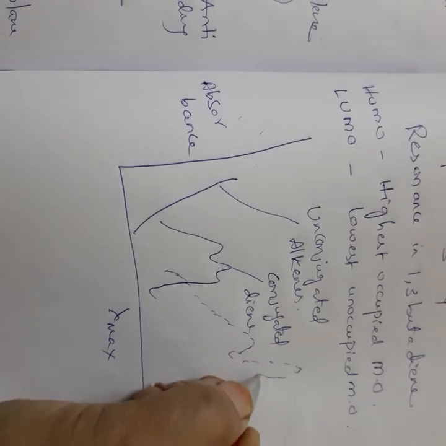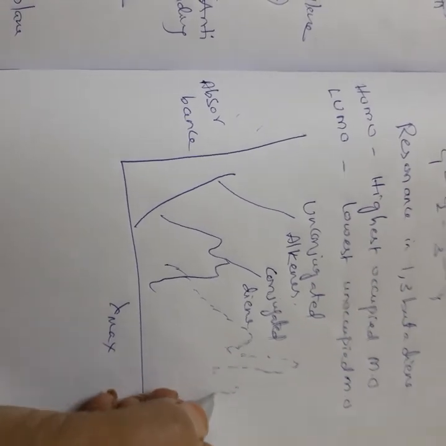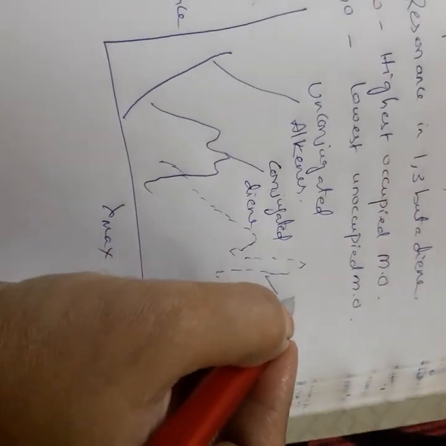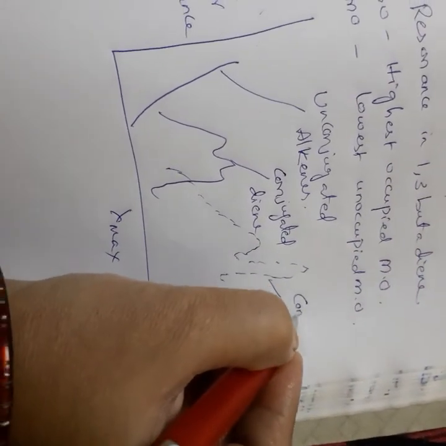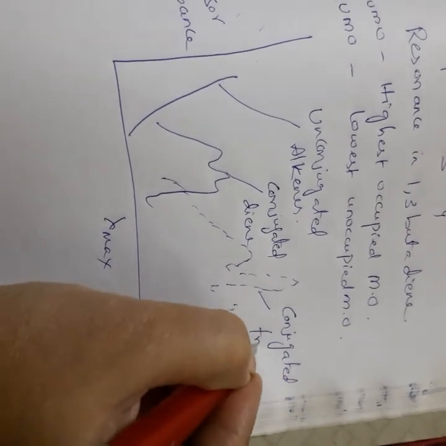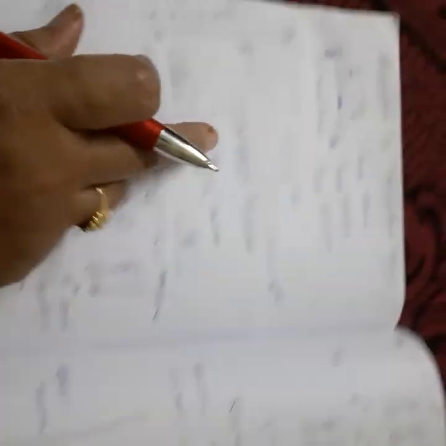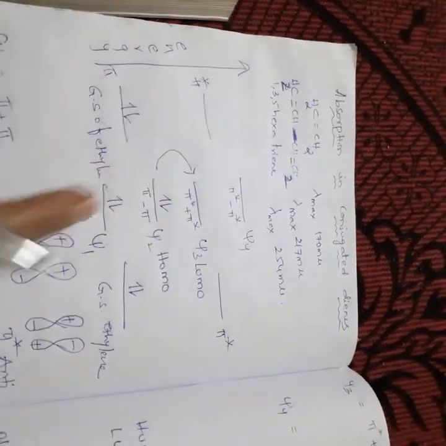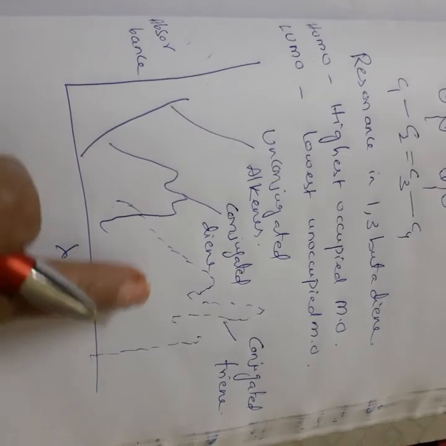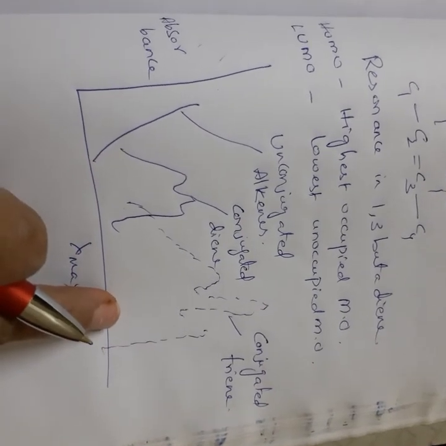Then one more interesting one: for understanding purposes only, I am showing this as a dotted line. What is this dotted line? This is triene. Conjugated triene, like I already said to you, 1,3,5-hexatriene. So for conjugated triene, the lambda max is shifted more towards the right side.